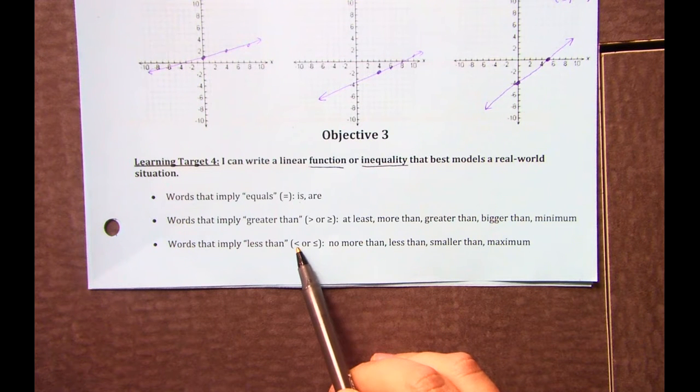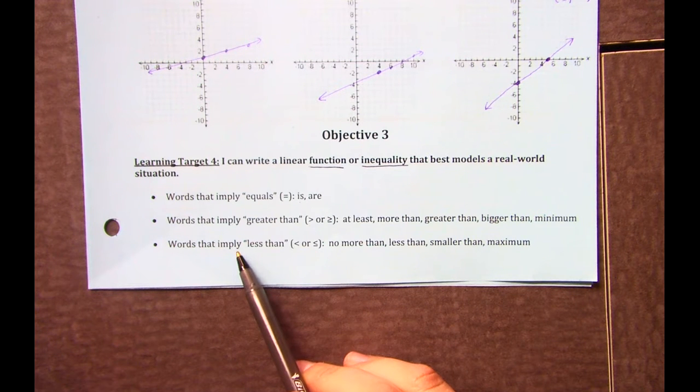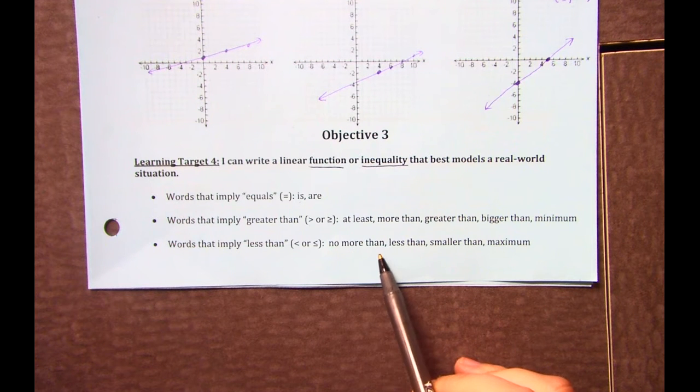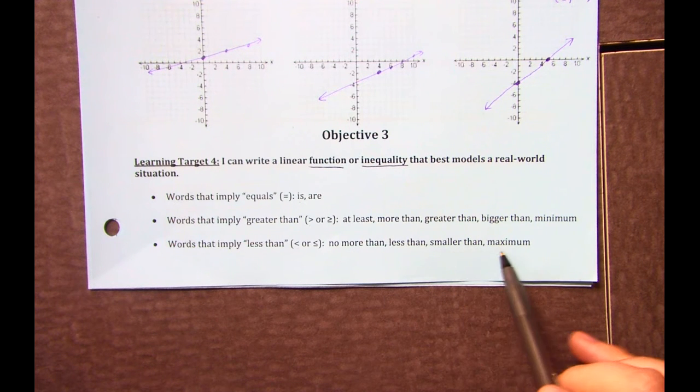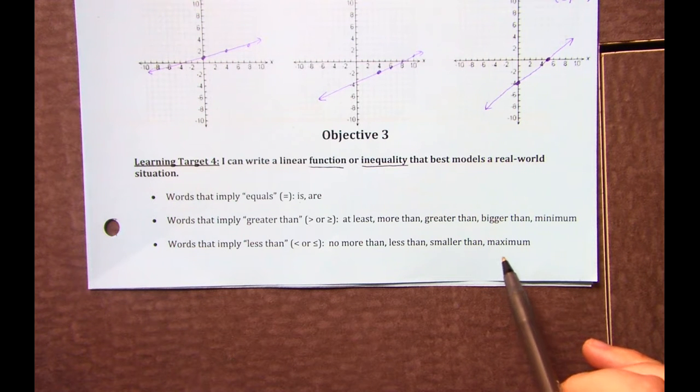So I have less than or equal to, depending on the situation. And words that would imply a less than situation are no more than, less than, smaller than, or at a maximum. For example, I can spend at a maximum $100.